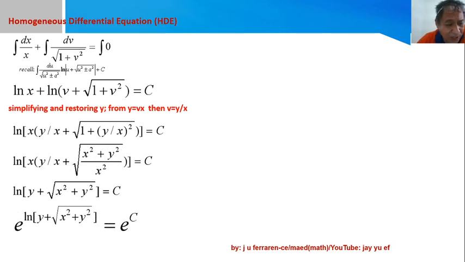Now usually, if this is composed of only two terms, one logarithmic and the other constant, it is converted into an algebraic form by taking an exponential of both sides of the equation. The exponential of ln u is actually u.